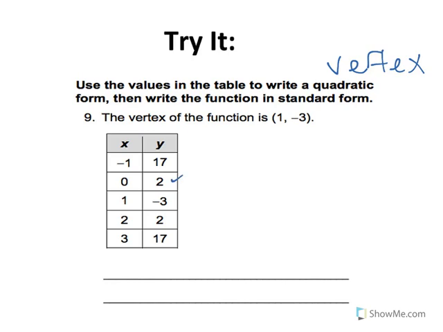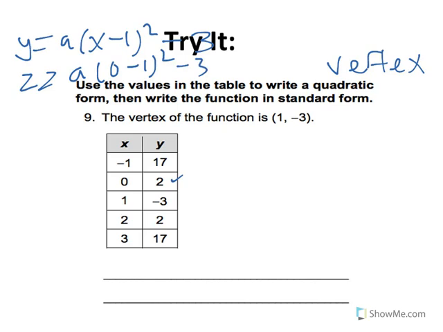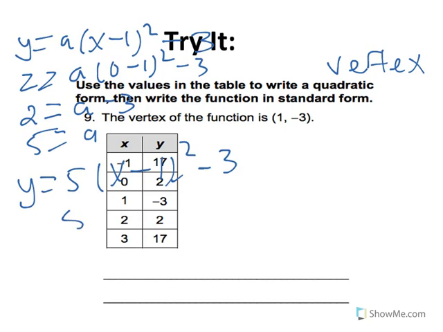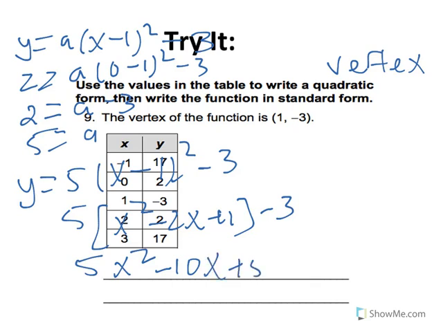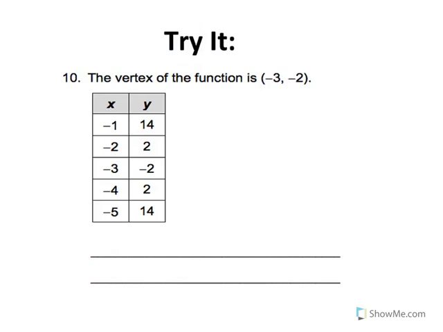Okay, so I'm going to use this point here. Right, and try this one out again.